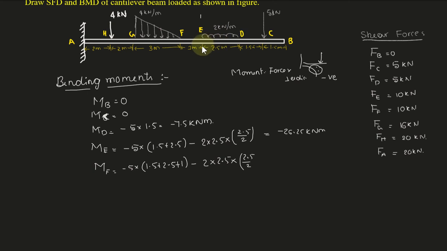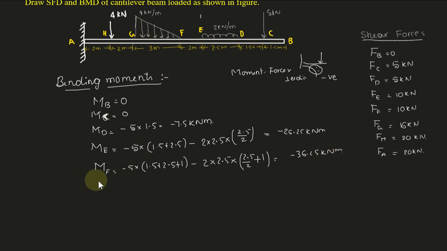But we need to take the distance up to F, as we are calculating the moments about F. That is 2.5 by 2 plus distance up to F, 1. We will get minus 36.25 kilonewton meter.